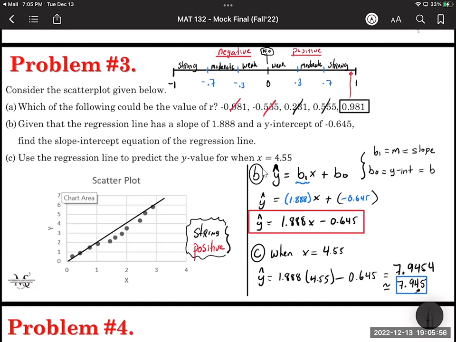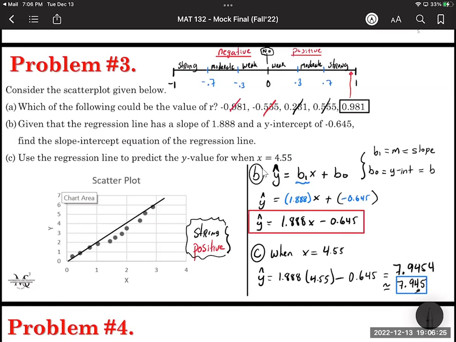Yeah, Tim? I'm not entirely sure if this would be on the final, but just to clarify, for the answer for part B, the slope-intercept equation of the regression line is just y equals 1.88x minus 0.645?